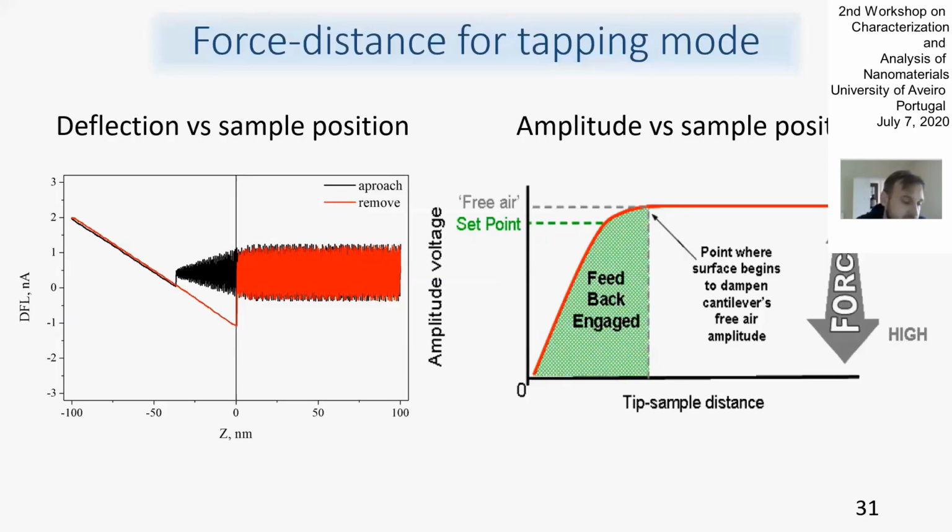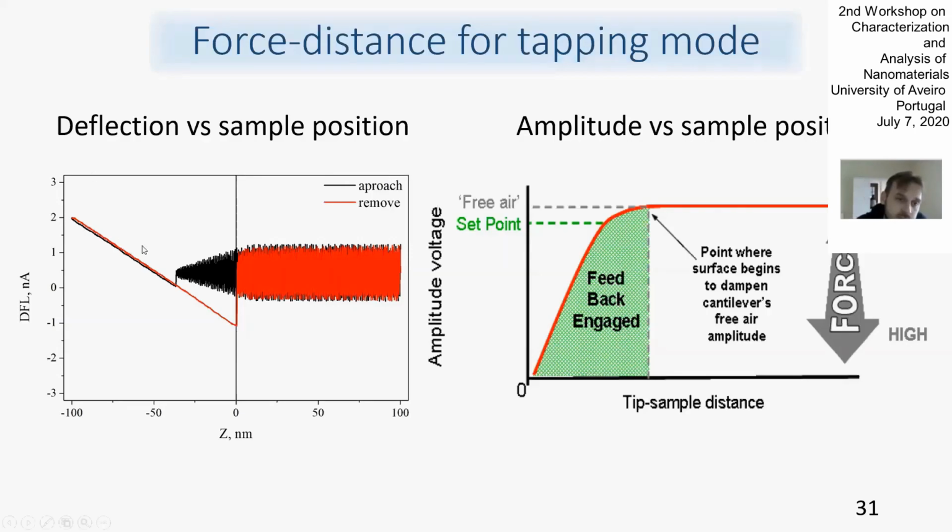You oscillate the tip and you have some free oscillation of the tip, as you see on the left image. There is some free amplitude which doesn't change in the beginning when we go closer to the surface. And after some moment, the interaction between tip and surface starts to decrease the amplitude.